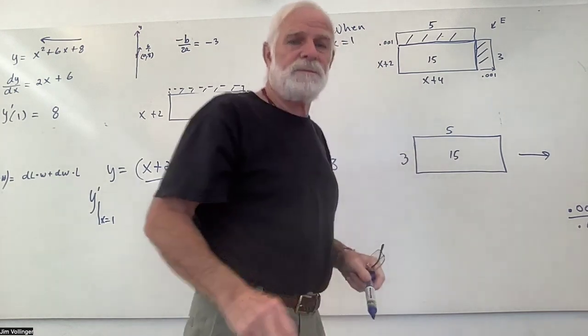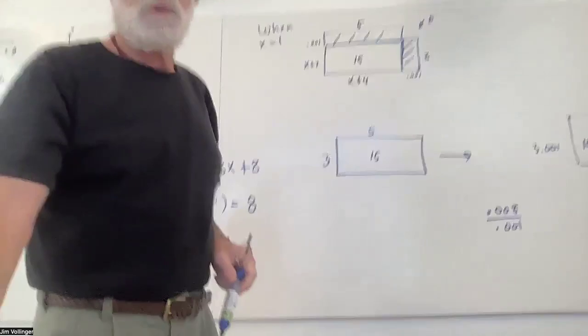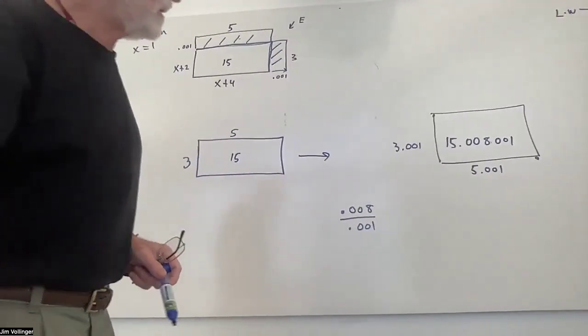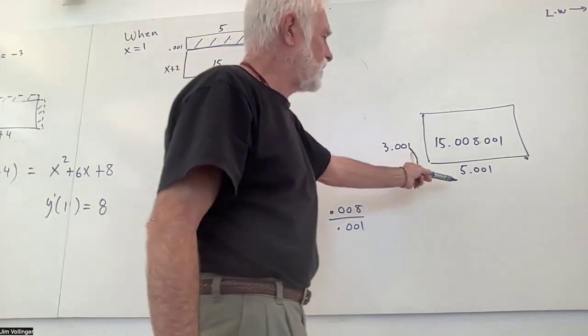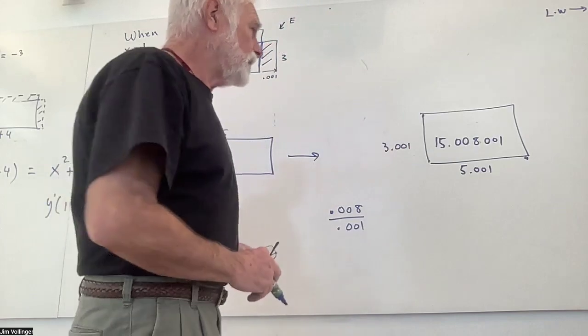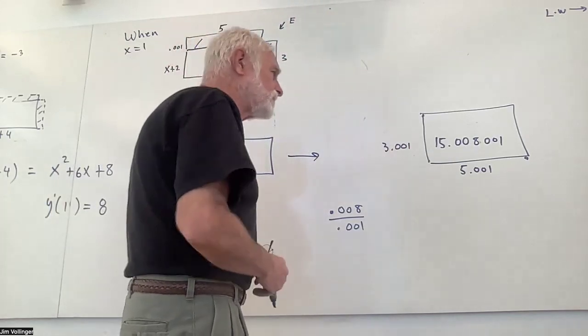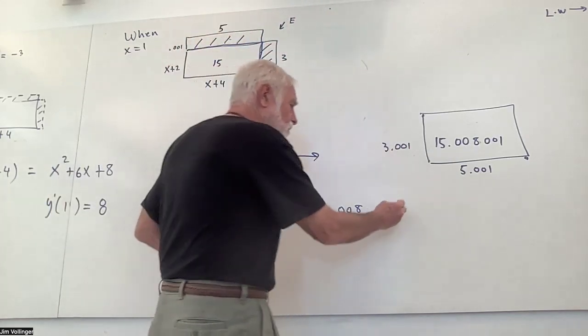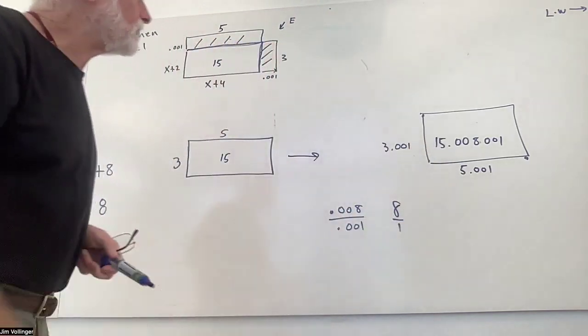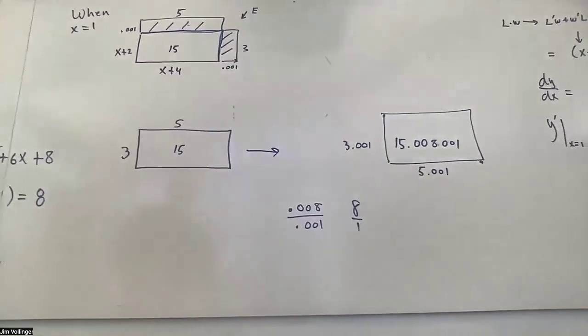When I change the dimension by 0.001, 3.001 times 5.001 gets me 15.008001. And if we look at the 3 decimal situation here, there's our 8 to 1. We can see it numerically here, if we take the time to do it out.